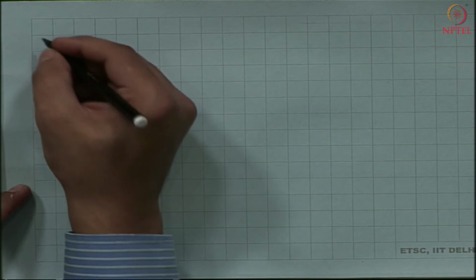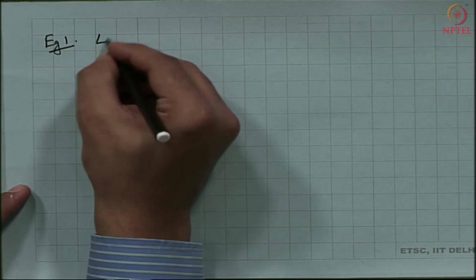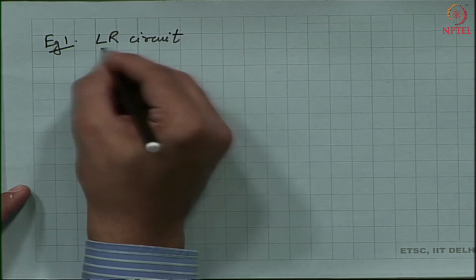So, in electrical engineering, one of the common examples is to study the LR circuit. Okay.